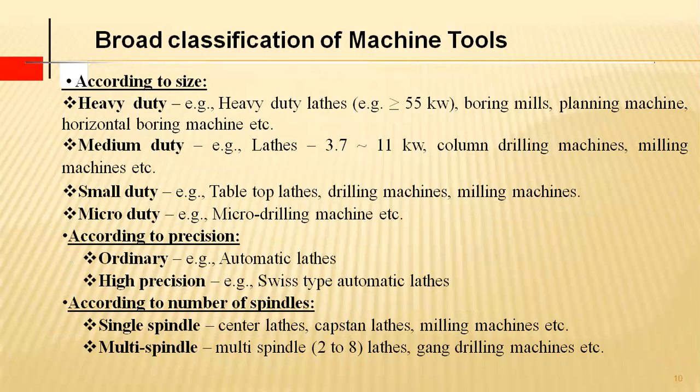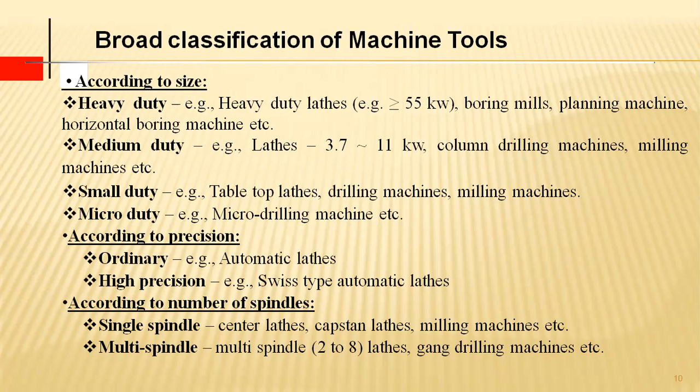According to the different sizes: heavy duty, which handles operations greater than 55 kilowatts of power. Boring mills, planing machine, and horizontal boring machine are the best examples of heavy duty.